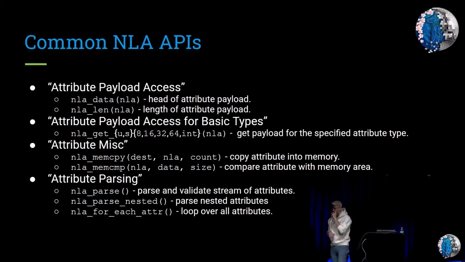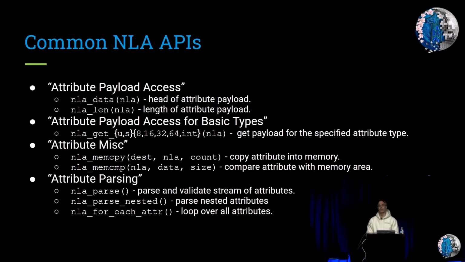And then the last three function definitions or APIs that we care about are these attribute parsing guys. So nla_parse is an actual function. You give it the buffer, you give it the length, and then essentially what it does is it returns you a dictionary of the data.